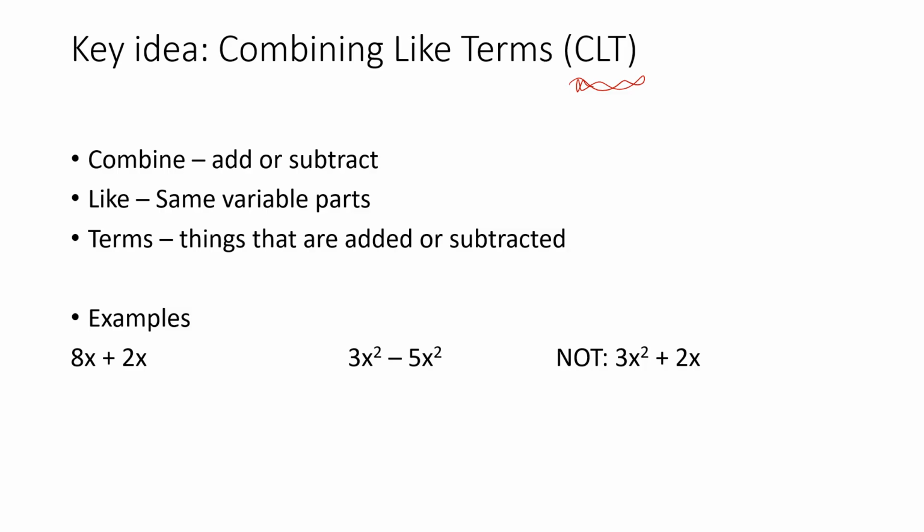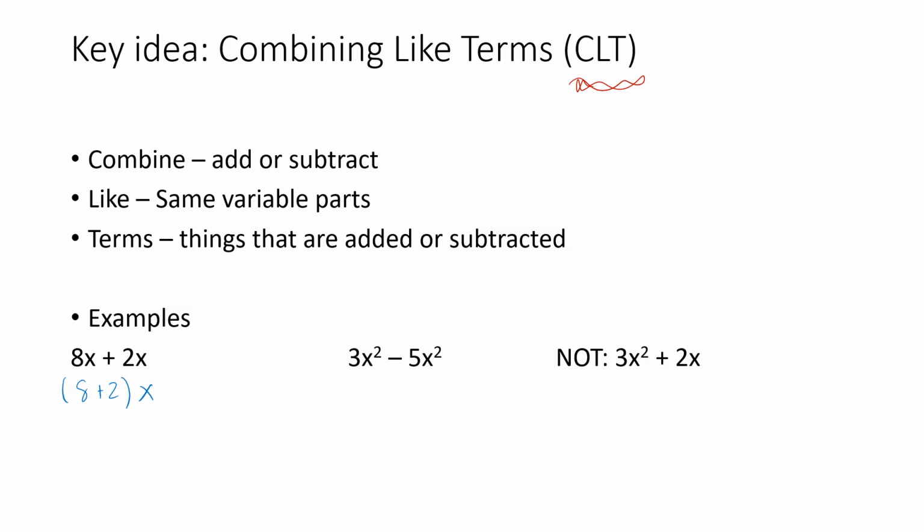Looking at 8x plus 2x. I can look at that as being 8 plus 2 times the x. So basically, we're undistributing it, and we're recognizing that if that were like the rectangle, then the x would have been on one side and the 8 plus 2 would have been on the other side.